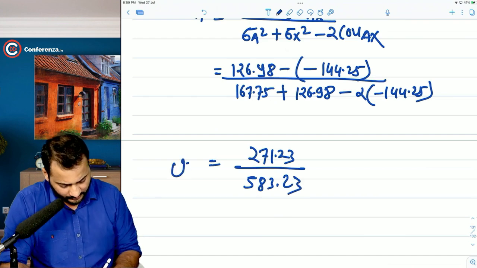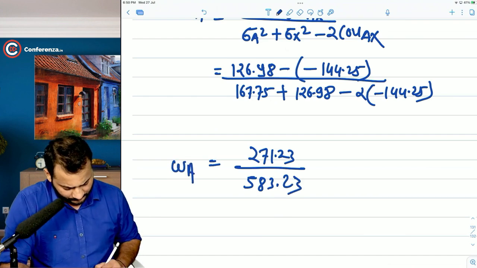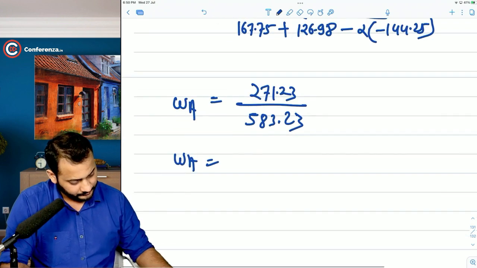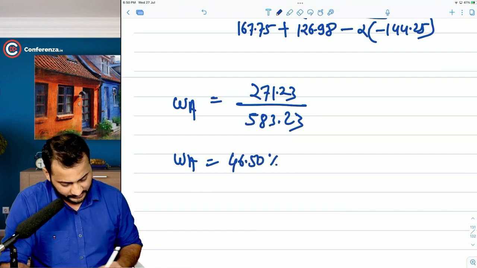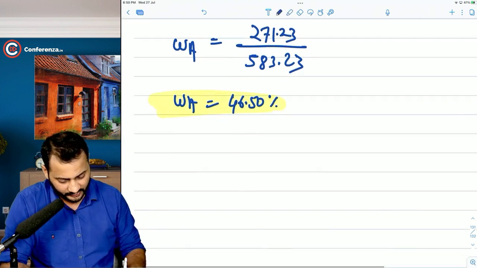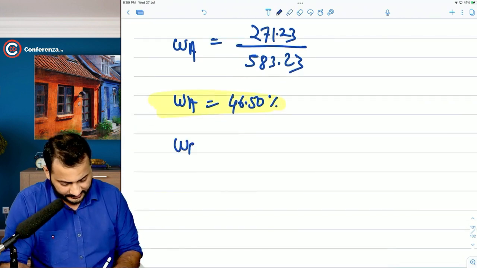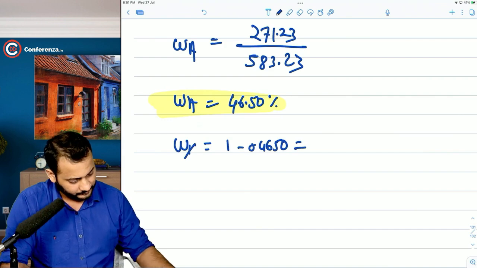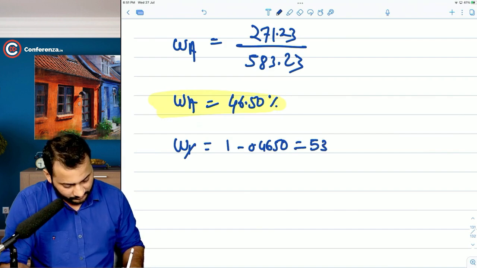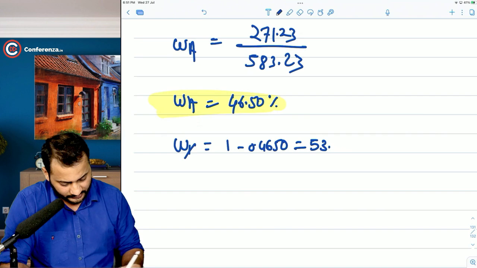This is going to be the weight of A. So the weight of A is equal to 46.50%. I told you it will be somewhere near this, and the weight of X will be 1 minus 0.4650, which is 53.50%.